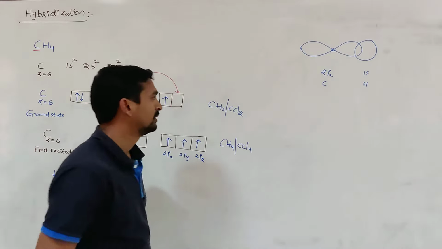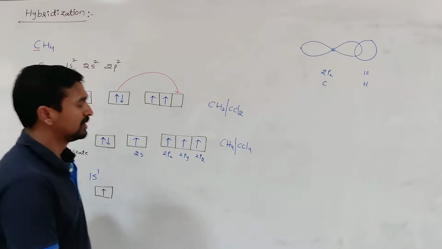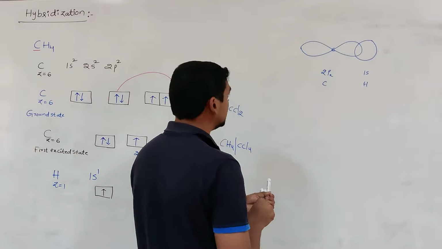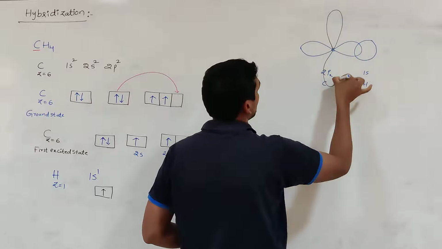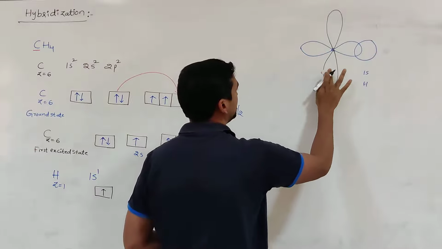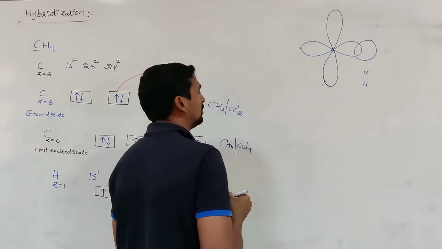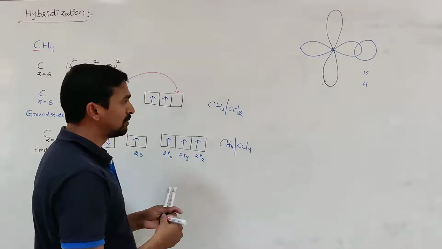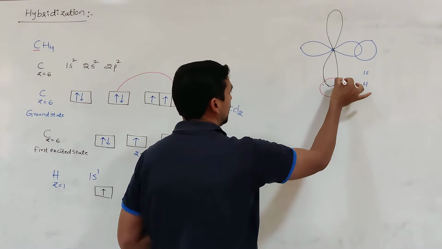Okay, fine. Then the 2py orbital is perpendicular to this one. Just for our understanding, I can draw the 2py orbital. This is the 2py orbital. Now this 2py orbital is overlapped with the 1s orbital of a hydrogen atom.